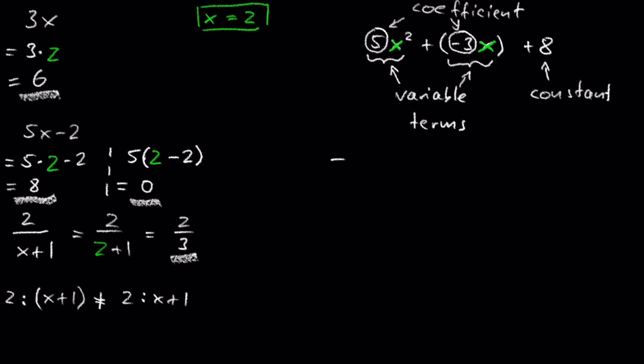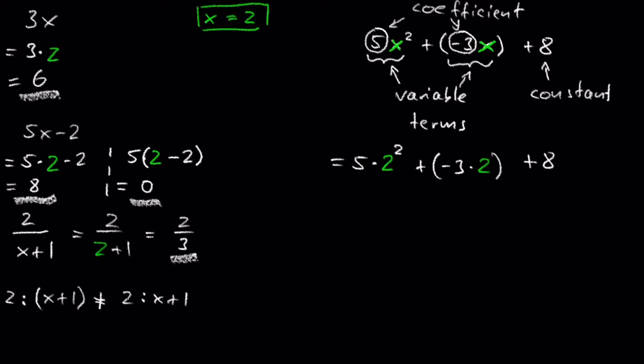So we have 5 times 2 squared plus negative 3 times 2 plus 8.